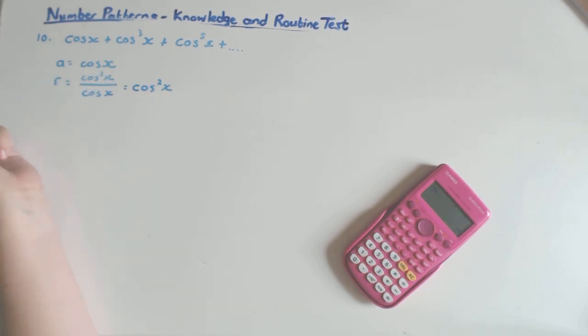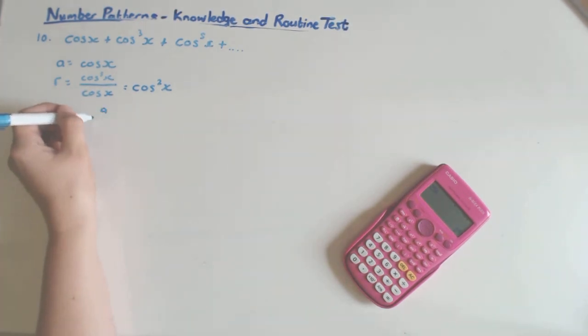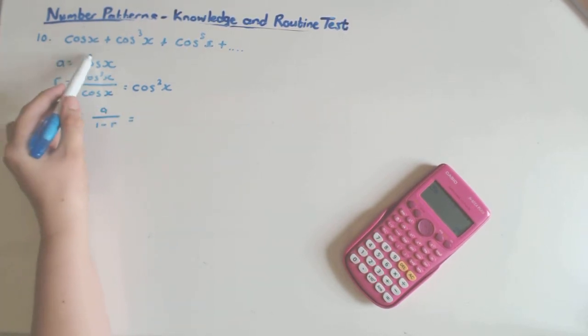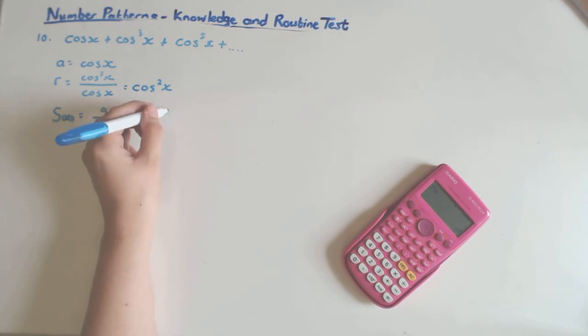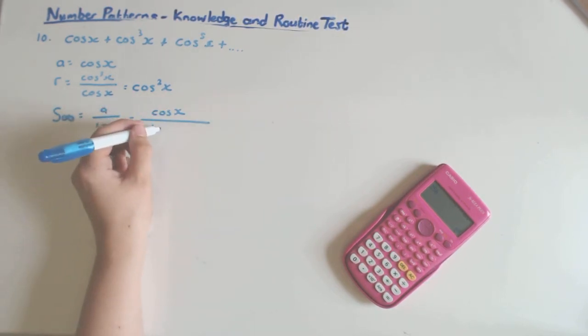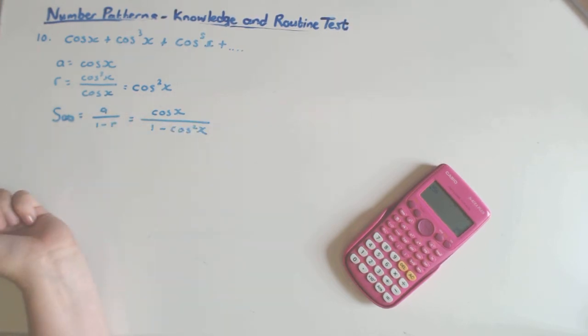So that's my r value, and then the sum to infinity of this will be a over 1 minus r. So my a value is cos x over 1 minus cos squared x.